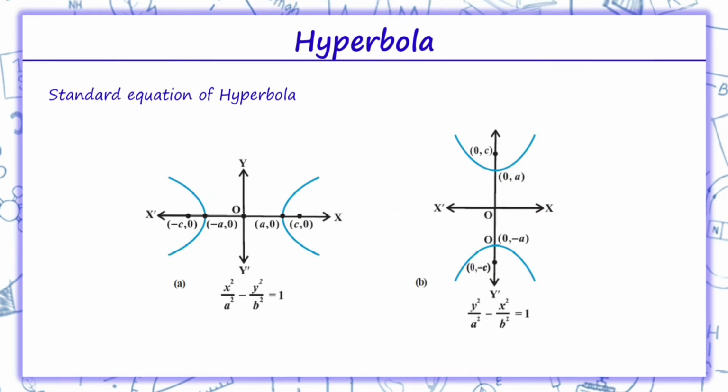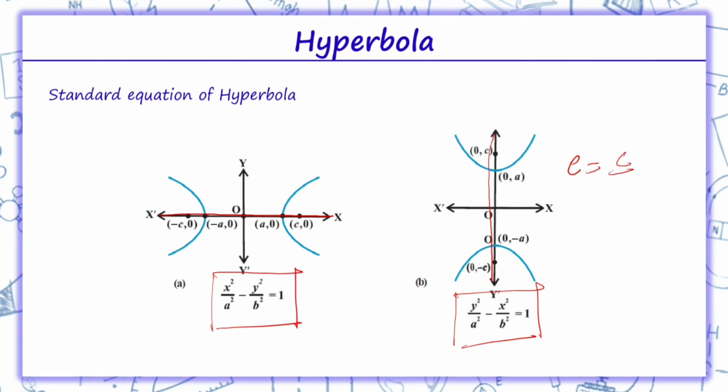Now the standard equation of hyperbola, when foci is on the x axis, becomes x square upon a square minus y square upon b square equals 1. But when foci is on the y axis, the equation becomes y square upon a square minus x square upon b square equals 1.